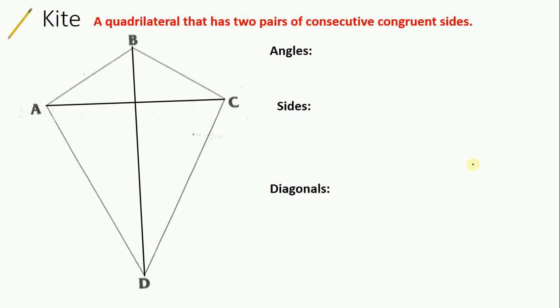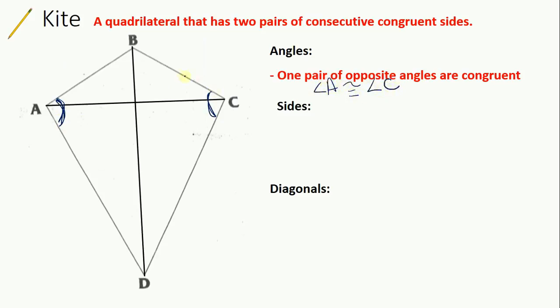Now, here is the thing about kites. First thing, angles. One pair of opposite angles are congruent, which means this angle right here, angle A, is congruent to angle C. Now notice, guys, B is not congruent to D. That's something to keep in mind while we're working.